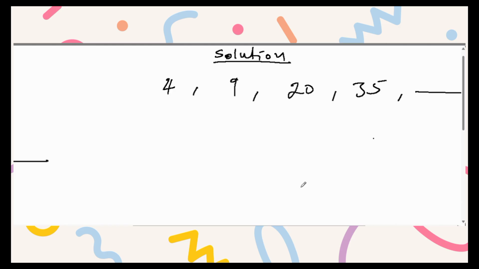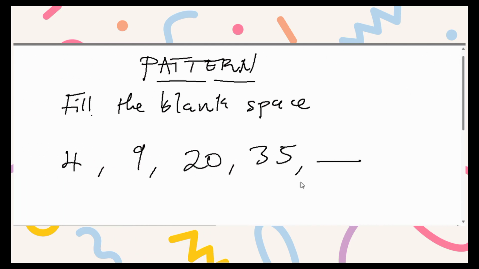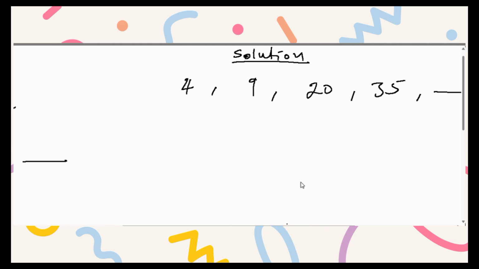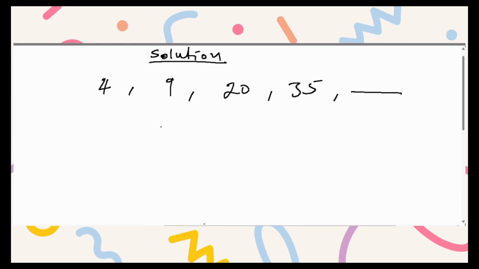Then we have our blank space. Let's check: 4, 9, 20, 35. Yes, that's it. To find this blank space, I think it is going to be an easy one.